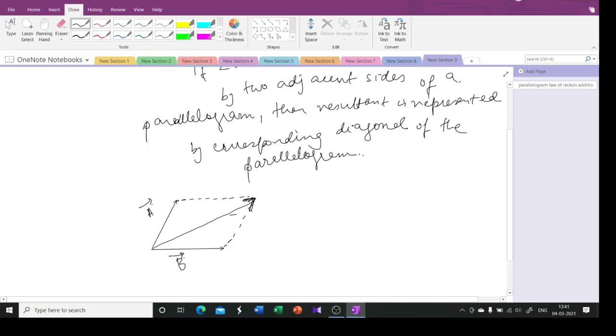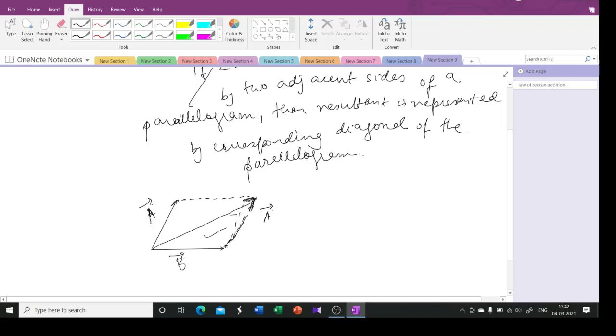Alright. So how is it? Let's say this side is A, right? Suppose we form a parallelogram.